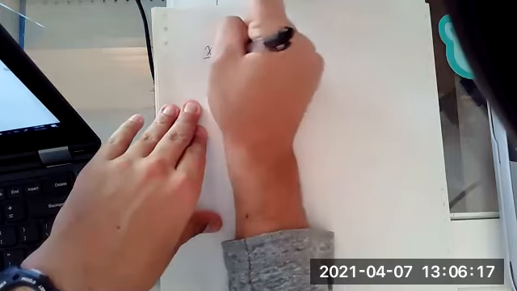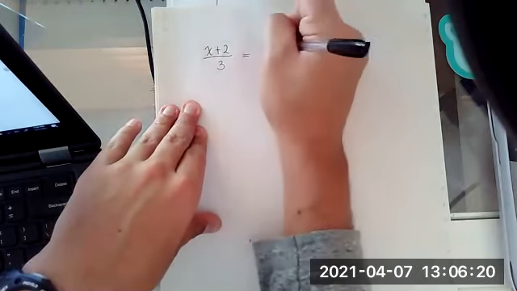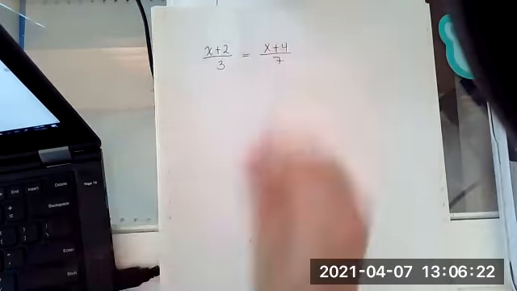x plus 2 over 3 is equal to x plus 4 over 7.